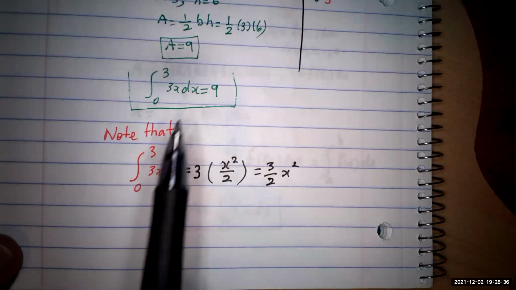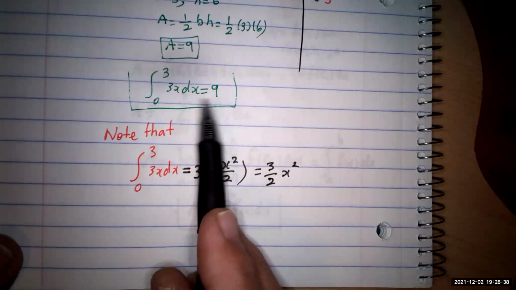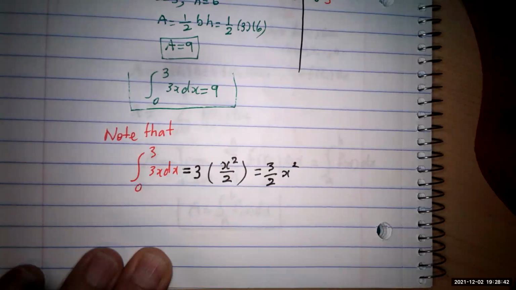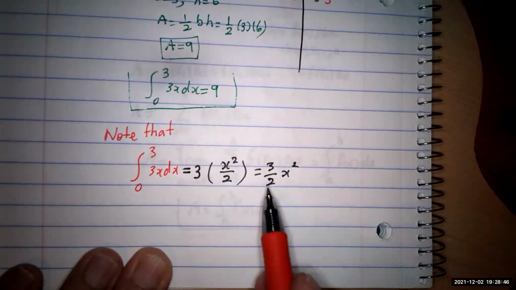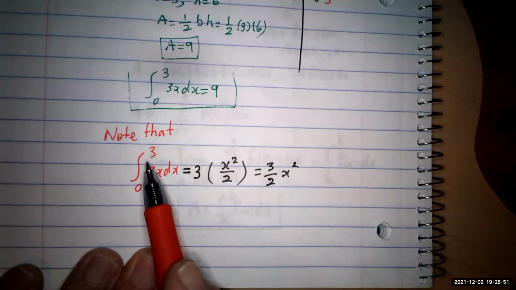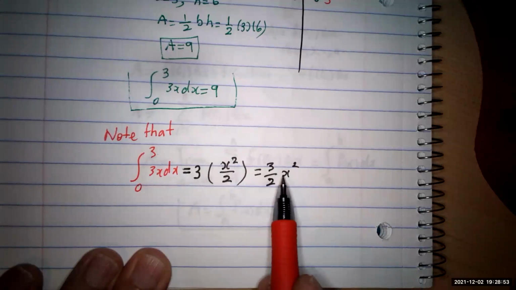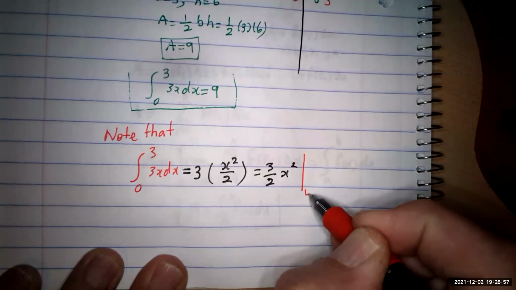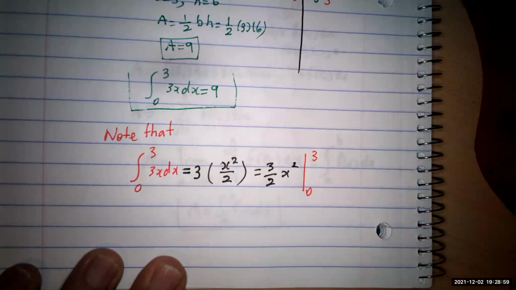Now, let's see how we can get the 9 here. In order to get the 9, you have from 0 to 3. So what we are going to do is evaluate this when x is equal to 3 and when x is equal to 0. Let's use this notation, which means I am going to evaluate this one.